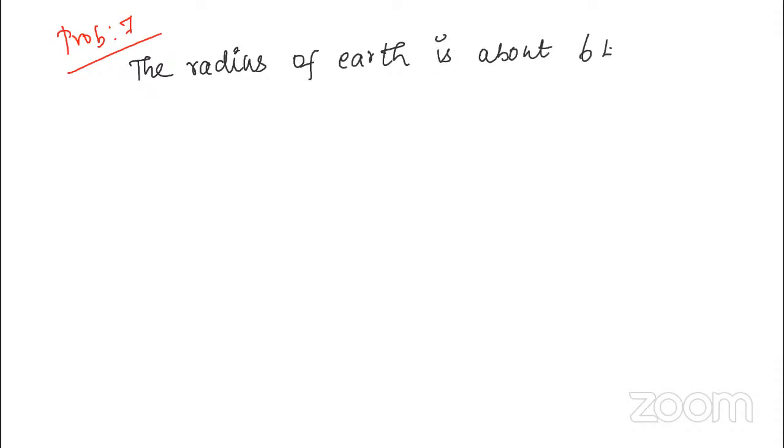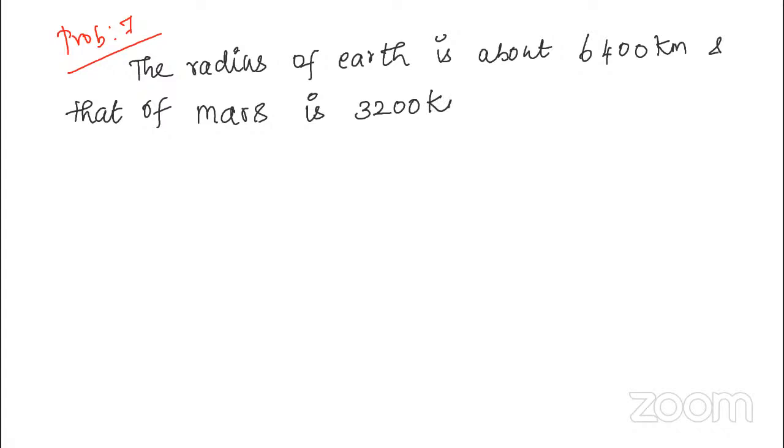Write down the problem: the radius of Earth is about 6,400 kilometer, and that of Mars is 3,200 kilometer.